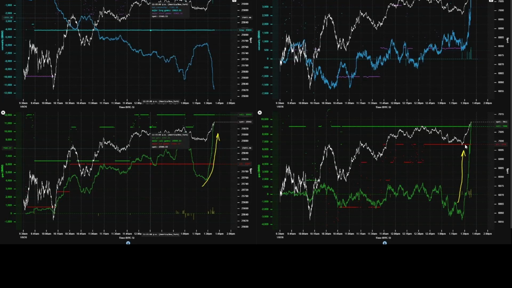But see when the price touched the negative GEX level and started to go, the GEX started to make a big movement because a lot of call positions started to enter at that point, and see how the price goes higher.